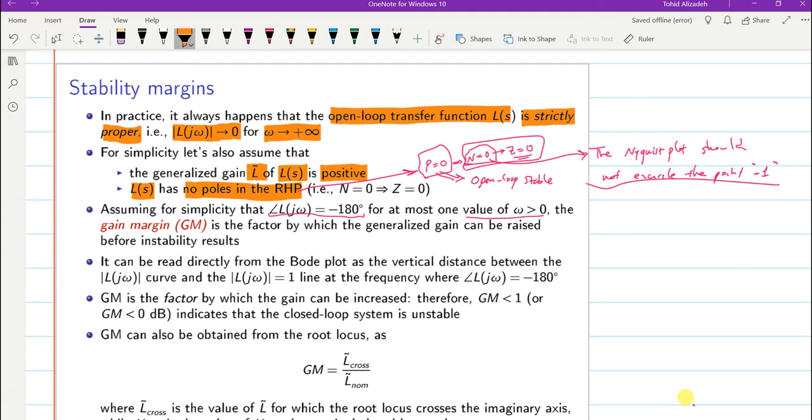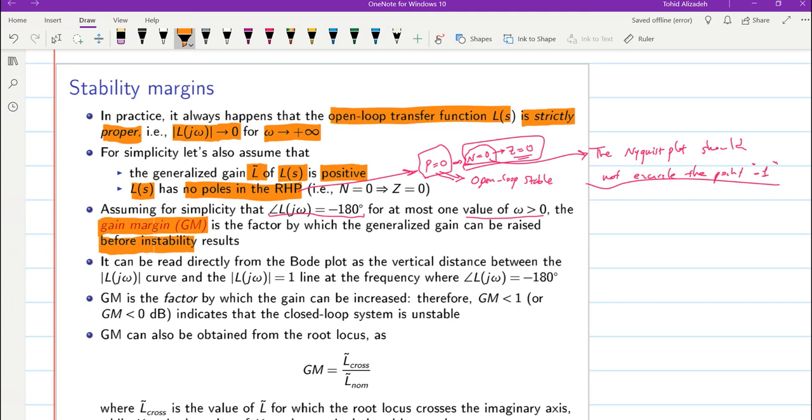Then the gain margin, which we also denote as GM, is the factor by which the generalized gain can be raised before instability results. And this will happen because we have assumed that the Nyquist plot initially, by setting k equal to 1, doesn't encircle the point -1.